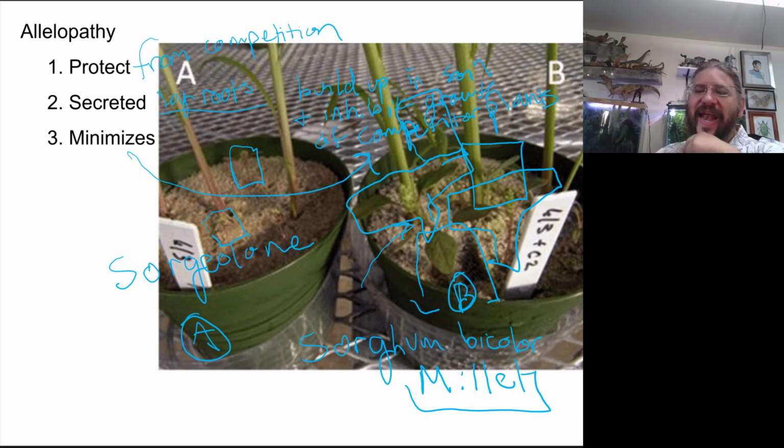Okay, so why did I have to ditch a whole slide, a whole example on black walnut? This is a fascinating story, and it gets at the heart of why studying allelopathy really needs to be done by ecologists and not the laboratory botanists that have done it in the past. So let's talk about how laboratory botanists first studied allelopathy. What they would do is they'd see some plants not growing particularly great around other plants that are growing great.